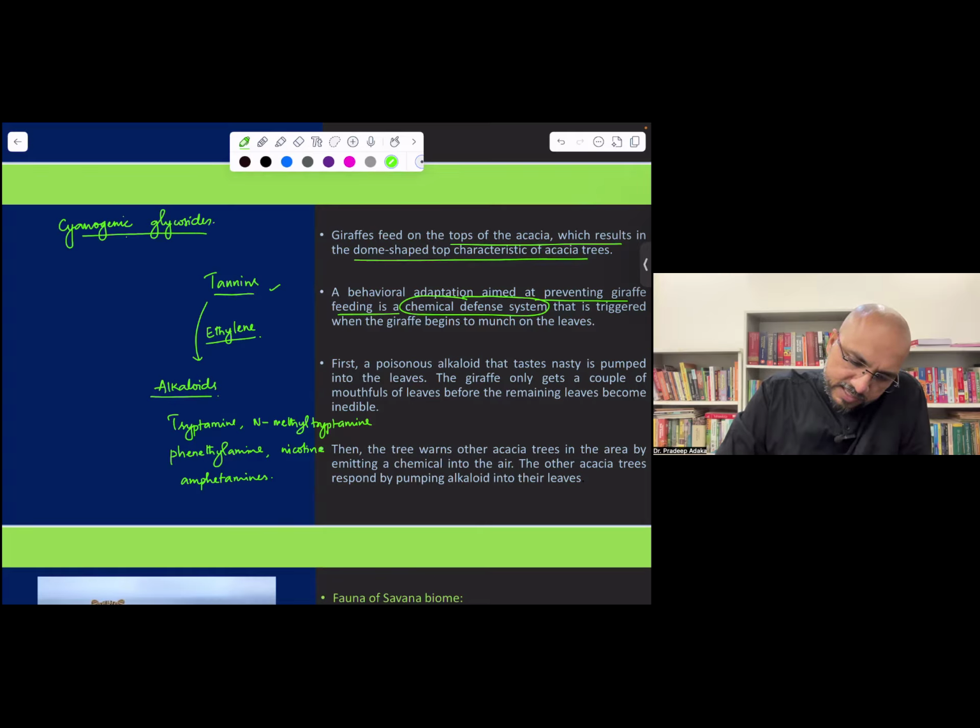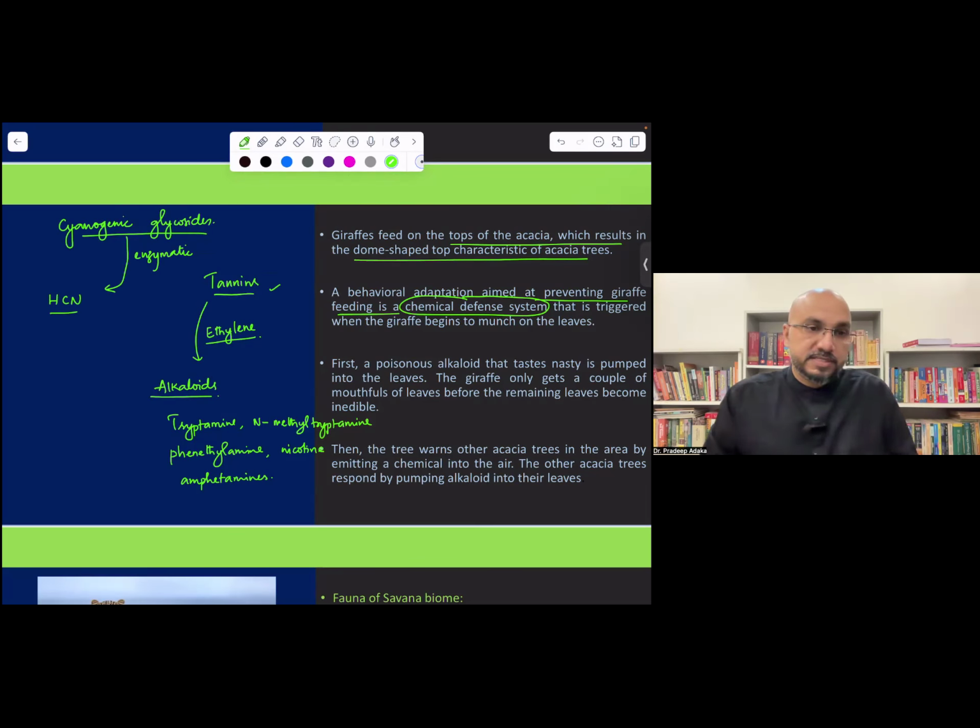These cyanogenic glycosides are enzymatically broken down, changed to produce hydrogen cyanide, which is also called prussic acid. It is toxic to the herbivore, so they will move away and will not eat further.